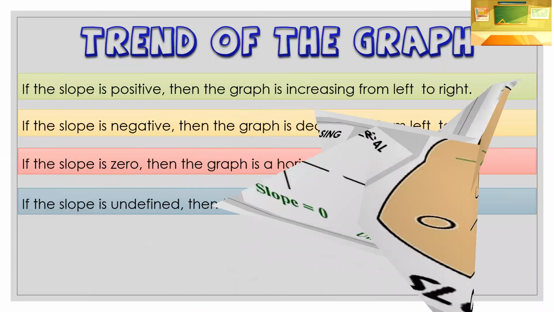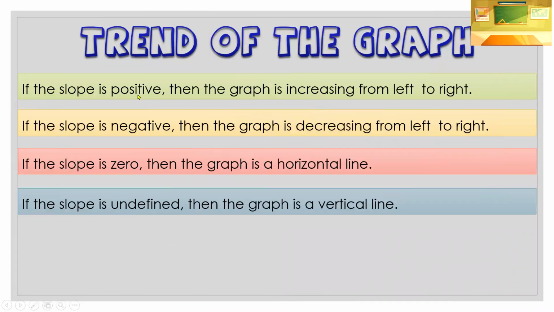And then last, trend ng graph. Again, if the slope is positive, then the graph is increasing, pataas, from left to right. If the slope is negative, then the graph is decreasing. Ito naman po itsura. And then, if the slope is 0, then the graph is horizontal.